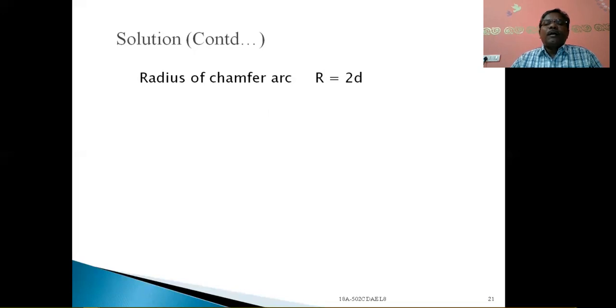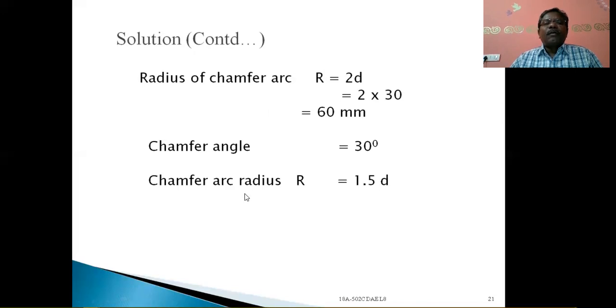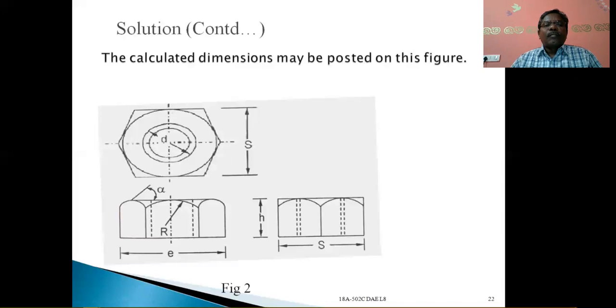Now here it is 2D. Chamfer angle will be 30 degrees. Chamfer arc radius is equal to 1.5D. So these are the calculated dimensions shown here.